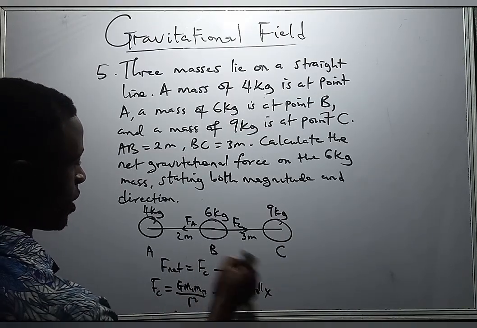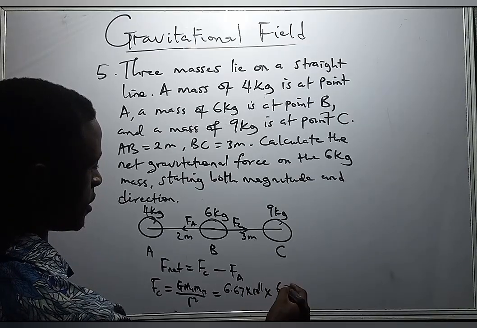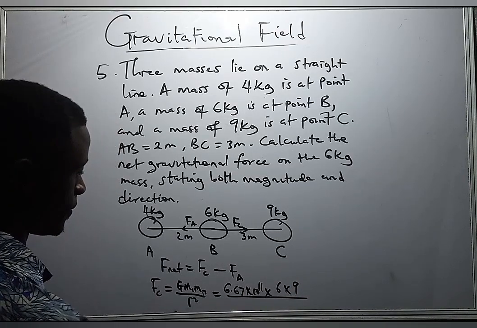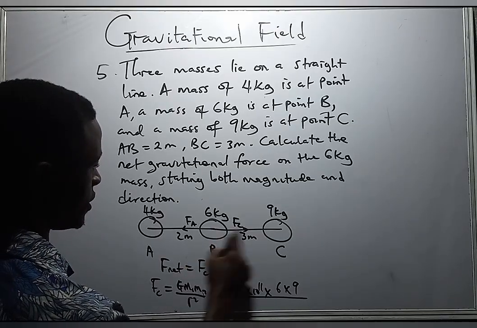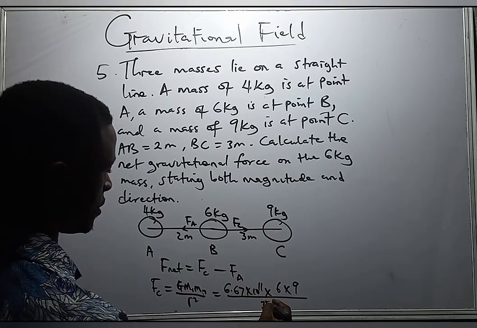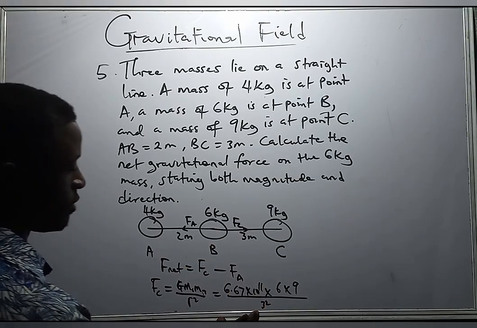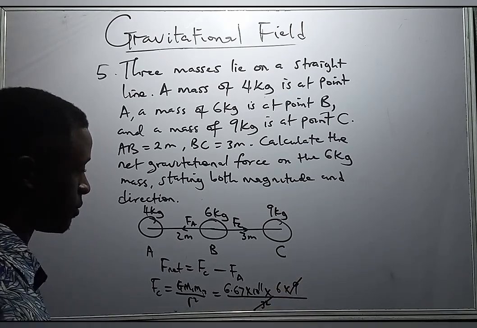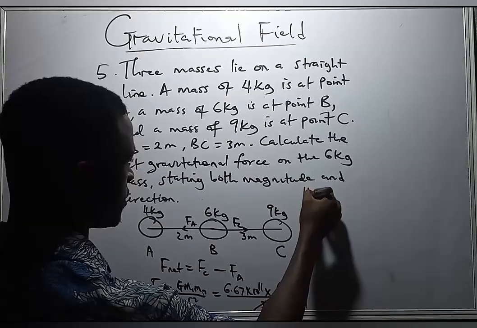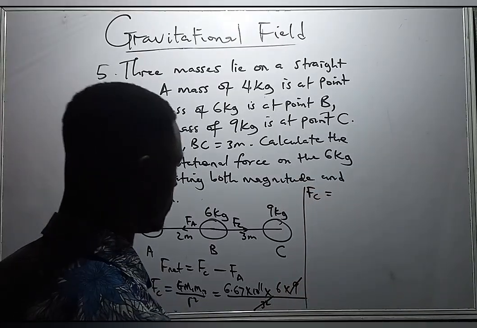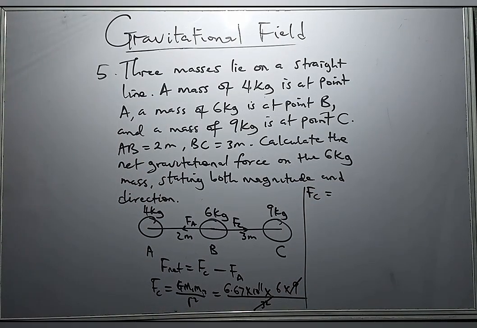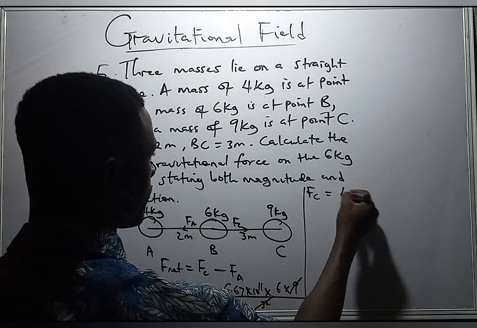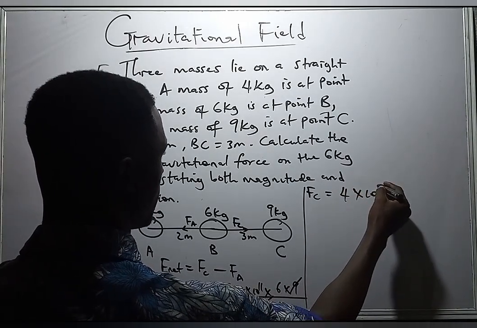M1 will be 6 times M2 will be 9, all over the distance between this and this, which is 3 squared. Now 3 squared will give me 9. This will cancel this, so I'm going to just multiply this. Now FC is going to give me 4 times 10 raised to power minus 10 Newton.